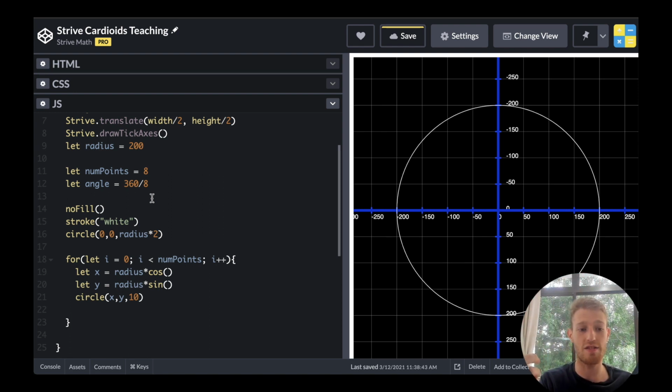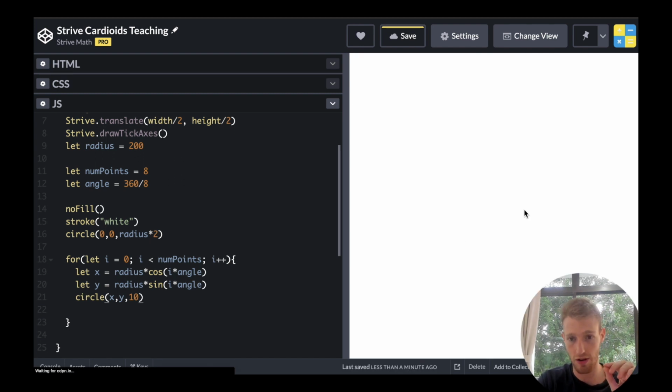What you're doing is taking index 1 times 45, 2 times 45, 3 times 45. That gives you the angle at that particular point. So we can say i times angle, and i times angle. And now with that, we should get our circles.